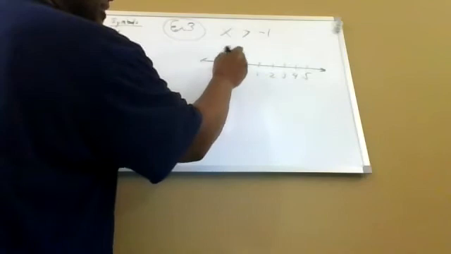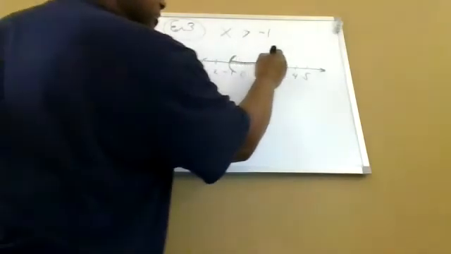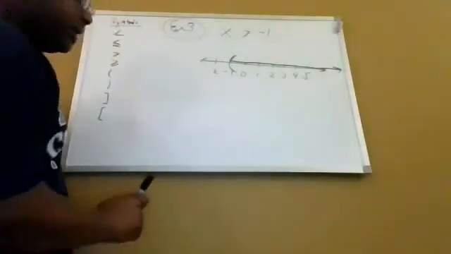So now I want to draw a line, a darkened line, all the way to the right. And that's the graphical representation of it, okay?